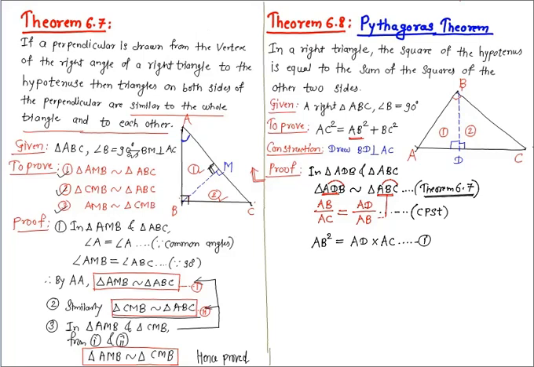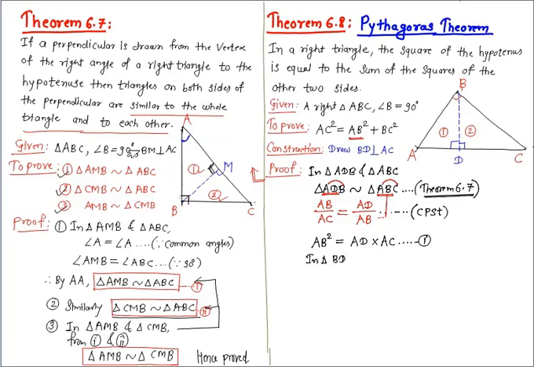Similarly, let's find BC square. To get BC square, we will consider triangle BDC and triangle ABC, because BC is the common side in both the triangles.